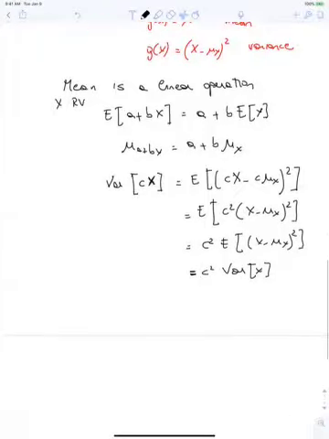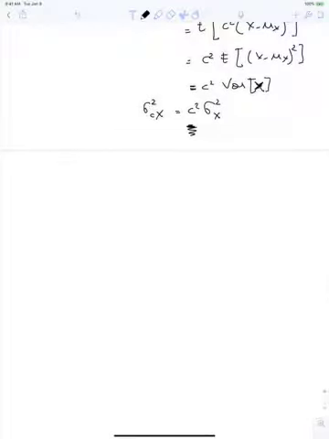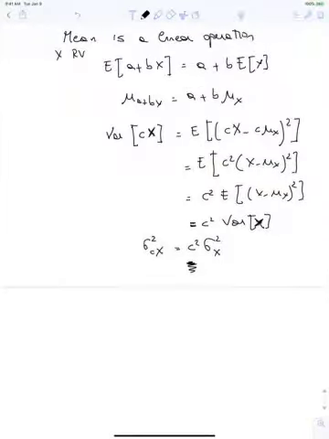So the variance is not linear. If you multiply a random variable by a constant, the variance of the new random variable is going to be the square of the constant times the variance of the original random variable. So essentially, in the short notation, sigma squared of c x is equal to c squared times the variance of x. If it was linear, it would be c. Okay, so this is just an important detail. This is important when you try to rescale or normalize variables. The variance doesn't scale linearly.